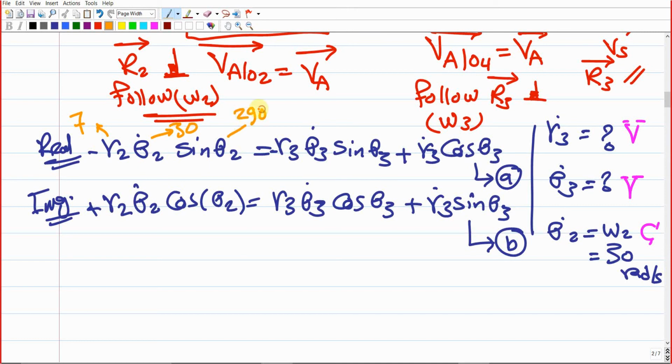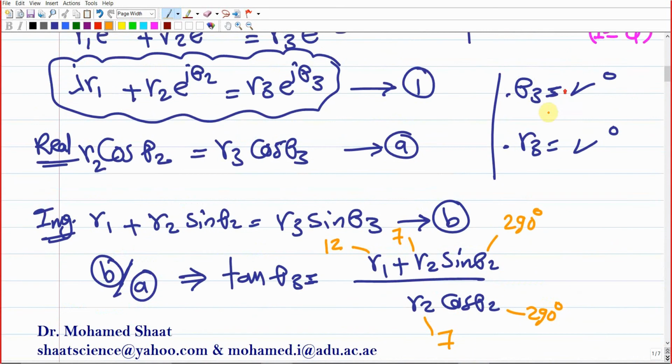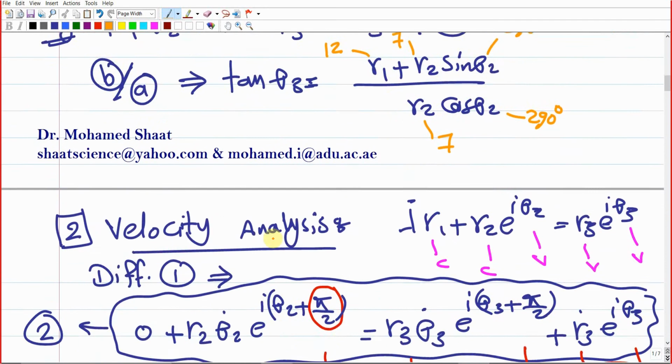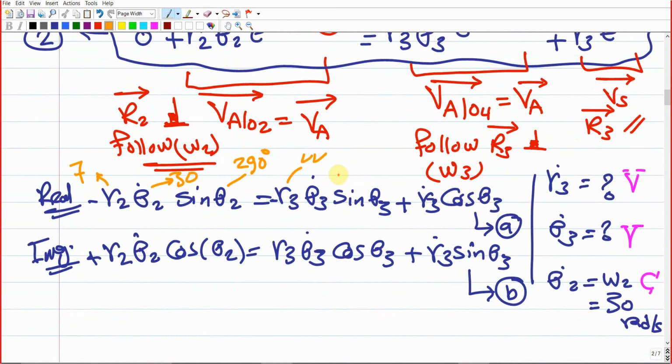Theta 2 we get as 290. R3 is already given, we already got it. We should get this one from the position analysis, in inches, R3 and theta 3.